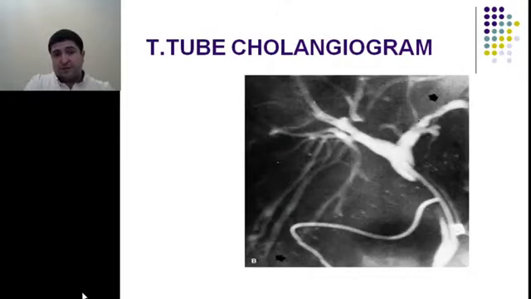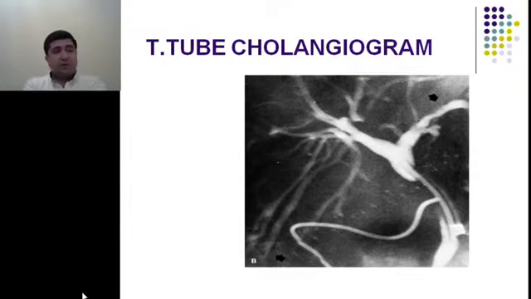On this X-ray, you can see a T-tube cholangiogram. What is a T-tube? Sometimes we do drainage of the bile ducts. Why do we do it? We can do it for treatment. We can do it to increase the patient's quality of life. We can do it for decompression of bile ducts.